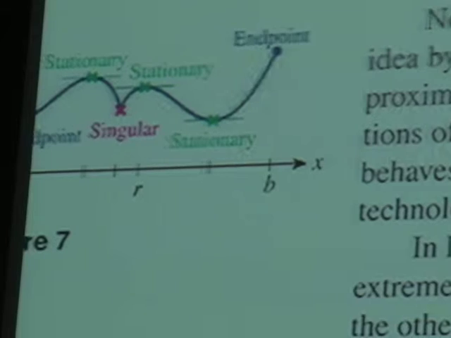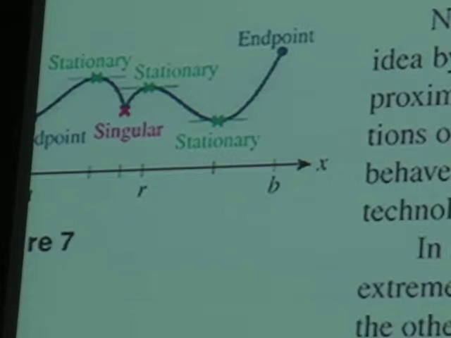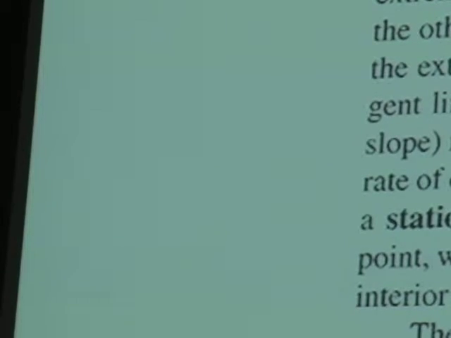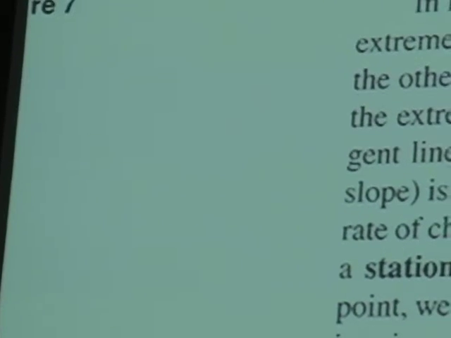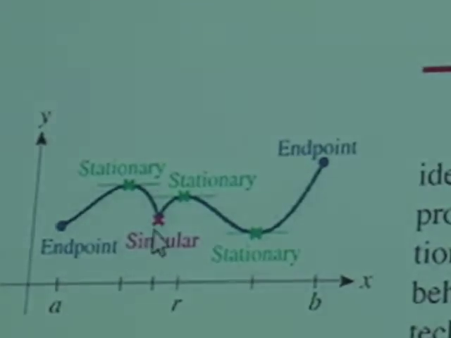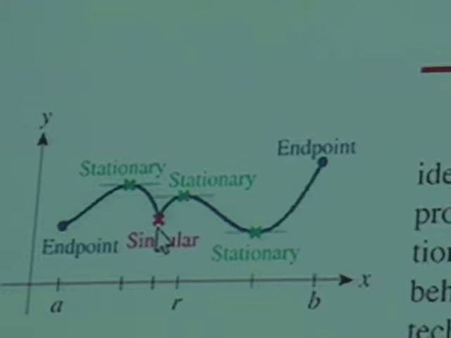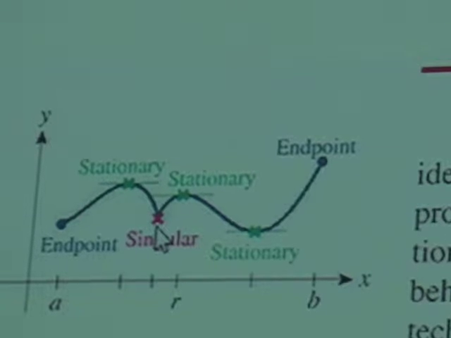Recall a similar situation with the absolute value function. When f prime does not exist for some interior point x in the domain of f, we say that f has a singular point at x. So where does f have a singular point? Here, right? I guess this is q. So you understand? When the derivative doesn't exist, what do we call that point?